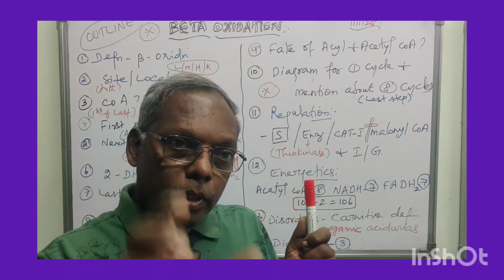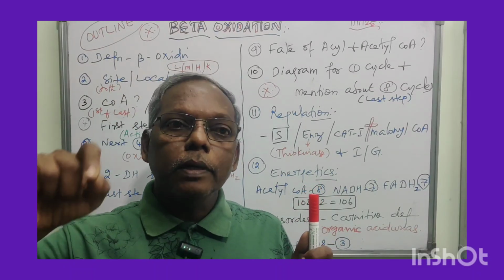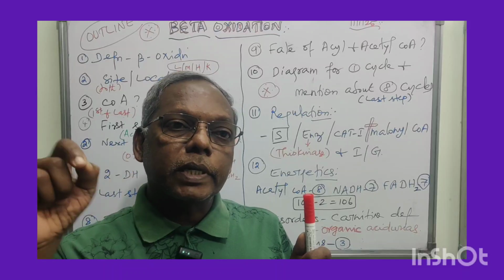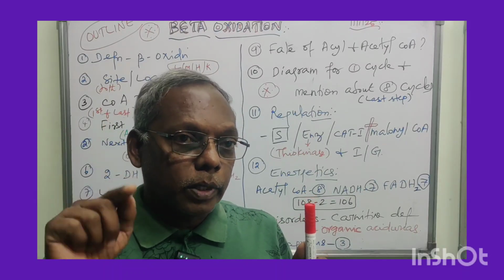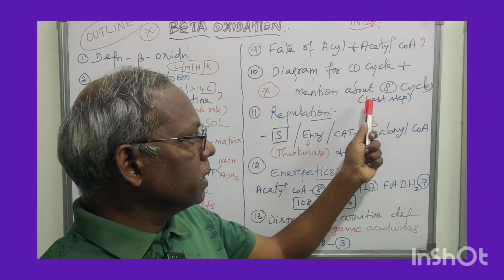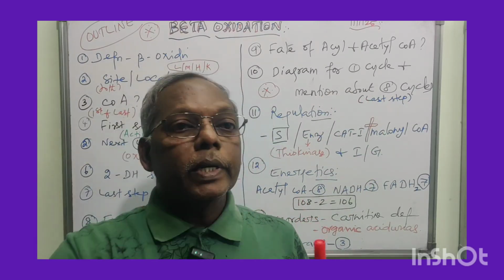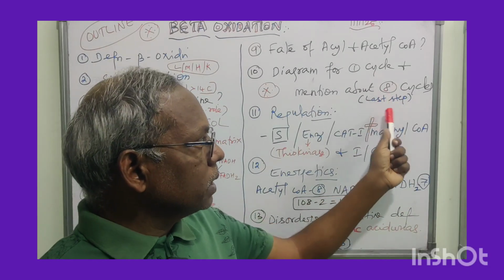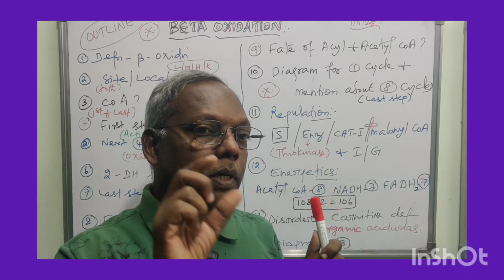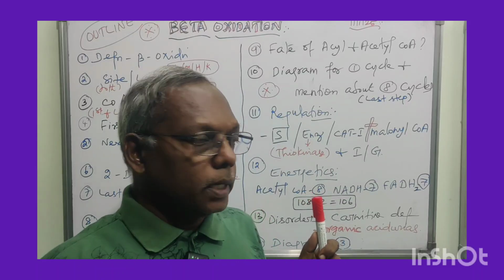Actually, you have to draw one diagram for one cycle only. In the last step, you have to mention 7 plus 7 cycles, or totally 8 cycles, like that you have to mark. That is why the diagram is for one cycle, and in the last step you mention totally 8 cycles or remaining 7 cycles. Because in beta oxidation, one long chain fatty acid undergoes totally 8 steps, right?